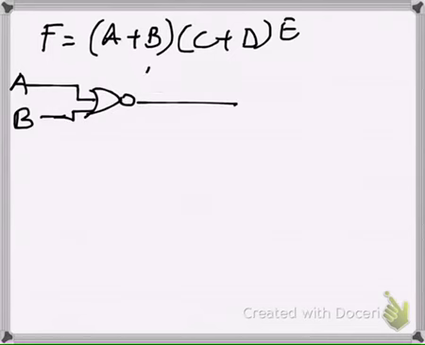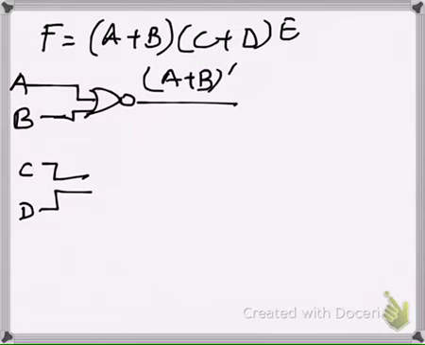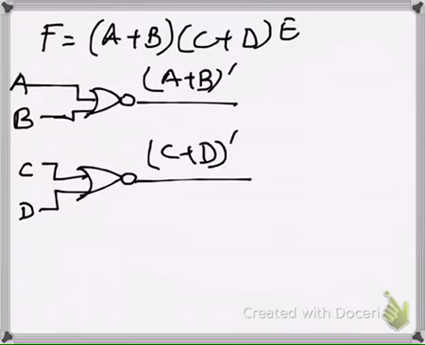So what do I get here? A plus B complement. Similarly, for C and D, use a NOR gate here. I get C plus D complement. And E, because it's a single literal, we will pass it through an inverter. So I get E dash out here.